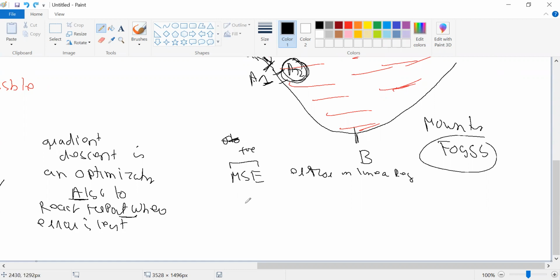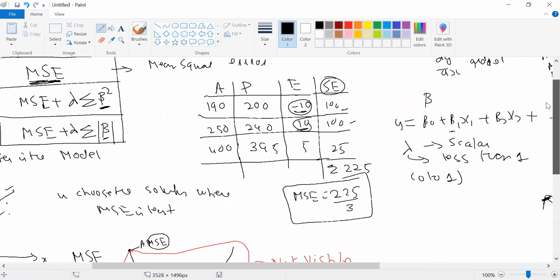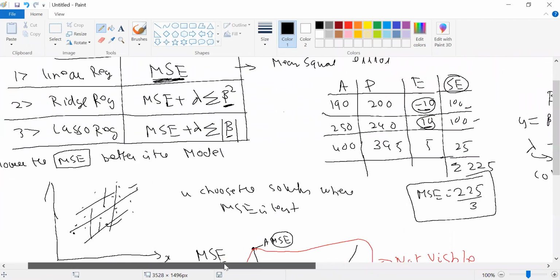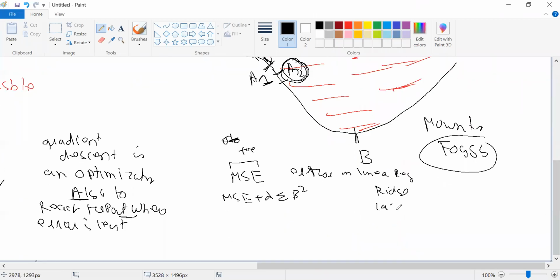Now, what is the error in your ridge? Error in your ridge is MSC plus lambda summation beta square. Correct? इतना ही है ना? क्या लिखा है यहाँ पे? Ridge में lambda summation beta square. ठीक है ना? What is the error in Lasso?